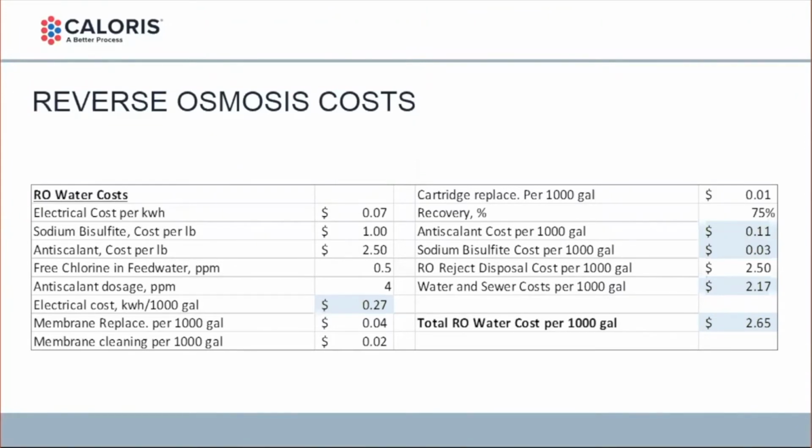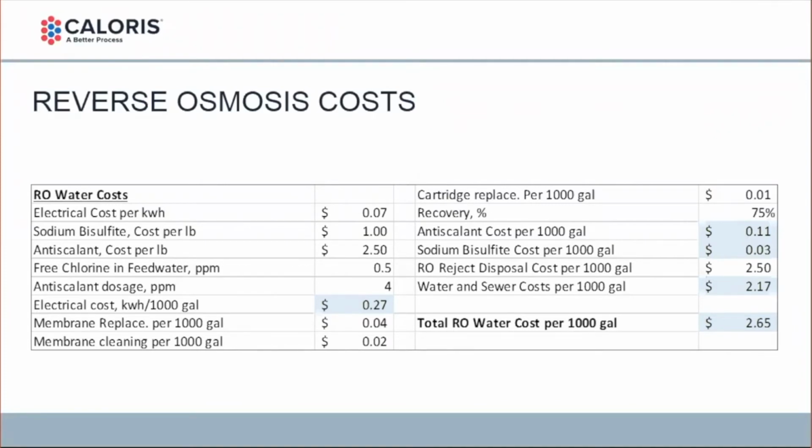Antiscalant, figure $2.50 per pound. For this example, I'm going to say it has 0.5 ppm of chlorine in the feed water. Antiscalant dosage is 4 ppm. The pump's probably putting out 180 psi. That's going to give us an electrical cost of 27 cents per 1,000 gallons.